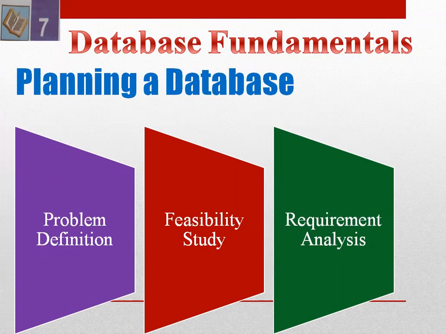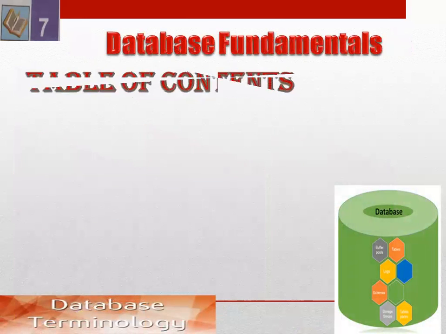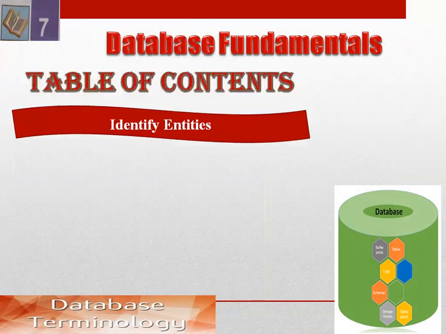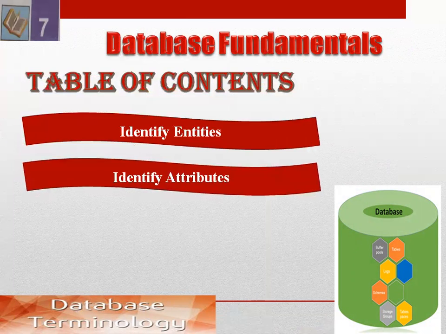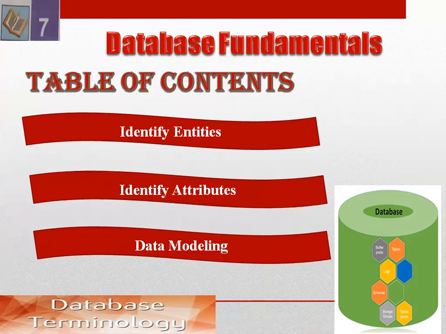In the previous lecture, we already discussed problem definition, and then feasibility study and requirement analysis. In this lecture, we will continue this topic by identifying entities and attributes, and then we will start data modeling.